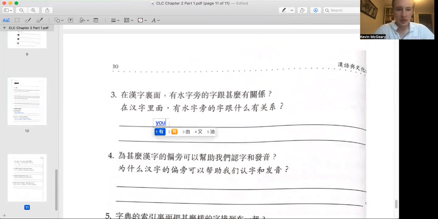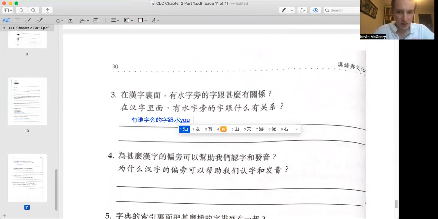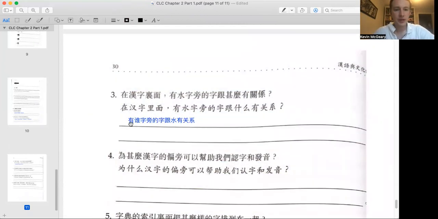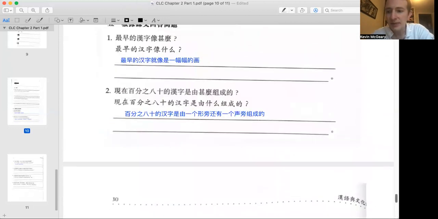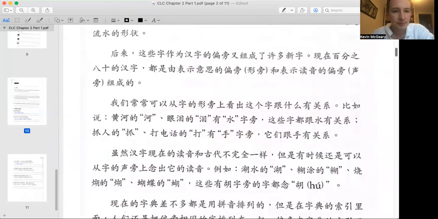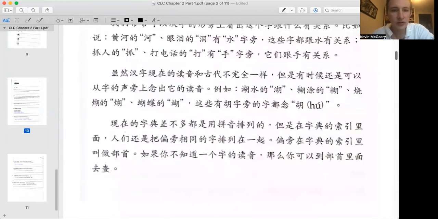So 有水字旁的字跟水有关系。So, characters with the water radical are related to water. 为什么汉字的偏旁可以帮助我们认识字和发音? So, we'll read paragraph 4, which will help us answer question 4.